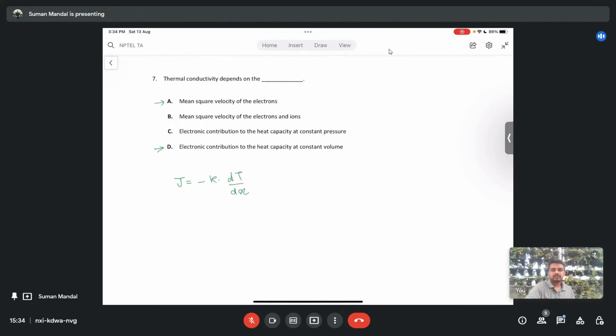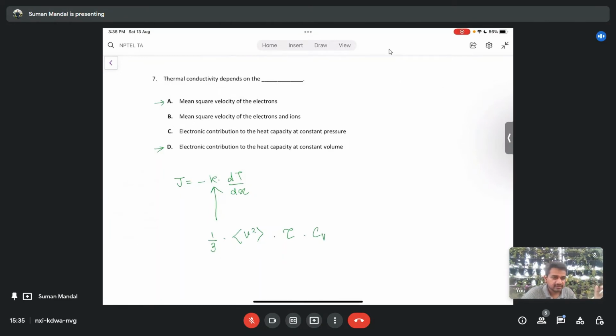And if you look at the derivation of this thermal conductivity from the Drude model, this K is given by one-third times the mean square velocity of electrons, then the relaxation time, which we had taken in electronic conductivity also, and the specific heat at constant volume.